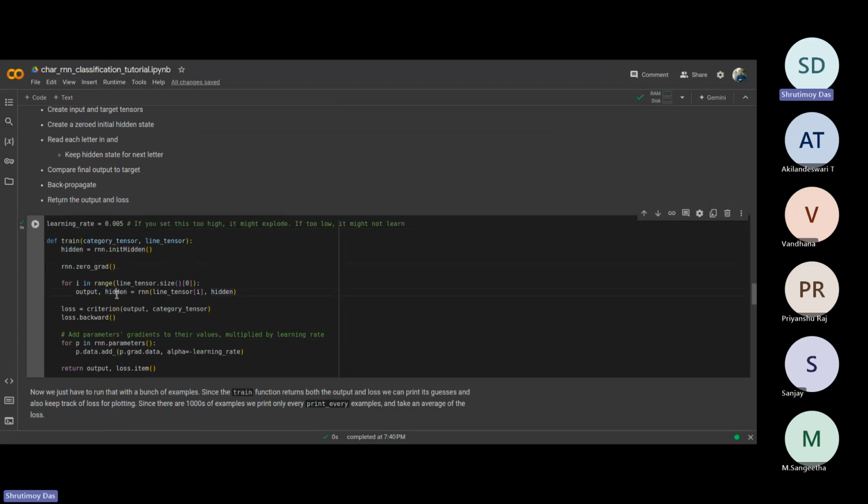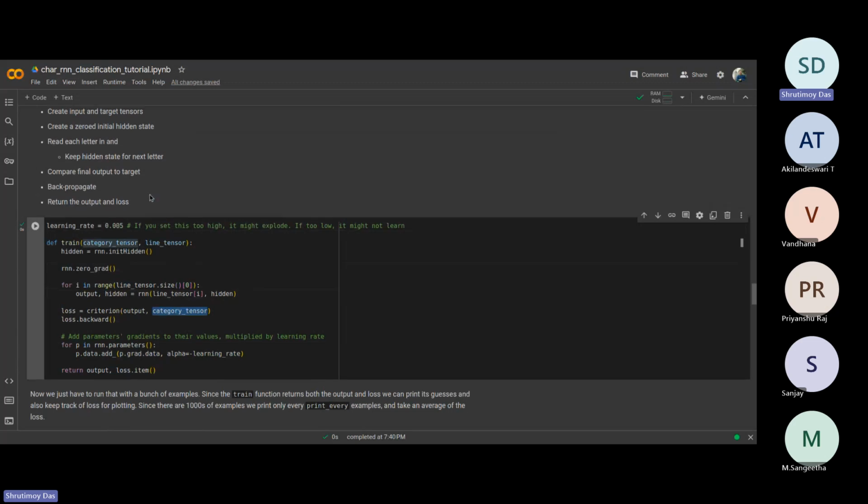Now this hidden state will be the hidden state input for the next input that you have, and then this will continue till it looks at all of the data points that you have. Once you have that, it will calculate the loss. So you will output something here, and the actual outputs should be something defined here.